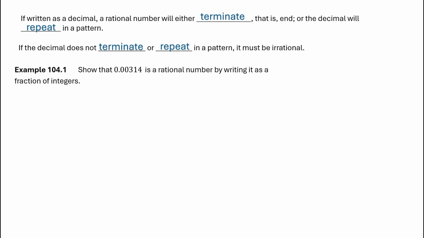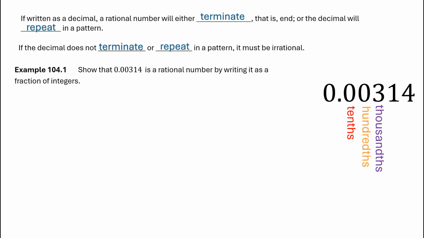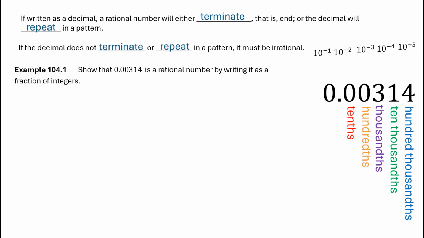And that's pretty easy to do if you remember your place value system. If you have that number 0.00314, all you need to do is remember that to the right of the decimal place, you have your tenths, hundredths, thousandths, 10,000ths, 100,000ths, and it just keeps going by powers of 10. So those are the negative powers of 10 to the right of the decimal, 10 to the negative 1, 10 to the negative 2, 10 to the negative 3, 10 to the negative 4, and 10 to the negative 5.